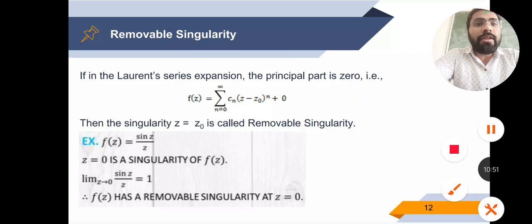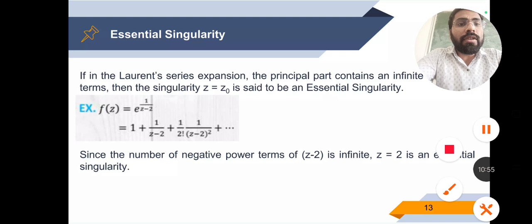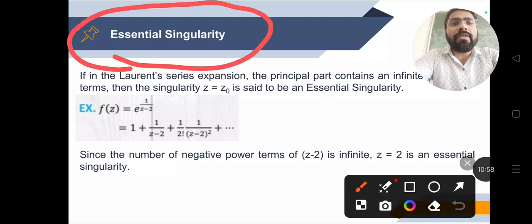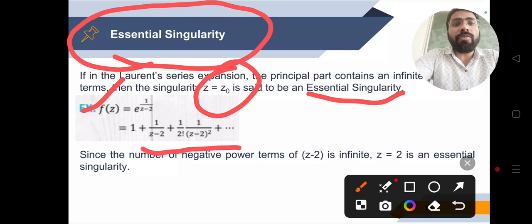And again we come to next slide. Essential singularity. What is essential singularity? If in the Laurent series expansion the principal part contains an infinite number of terms, then that point z0 is said to be essential singularity. So we are having example f of z is equal to 1 upon e to the power z minus 2, that will be of the form 1 plus 1 upon z minus 2 and so on.